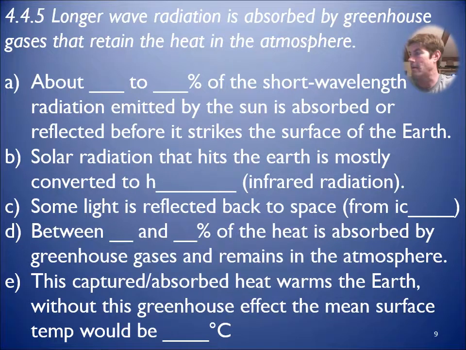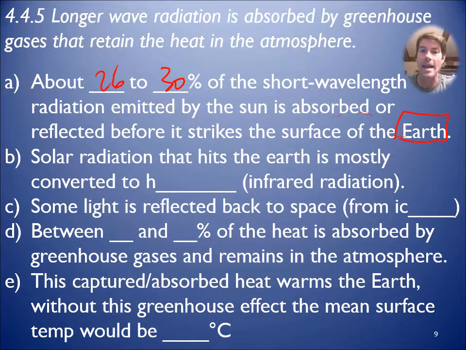So if you go back to that diagram that we just saw, atmosphere 6%, reflected by the clouds 20%, surface reflects 4%, so that adds up to 30%. So around 26 to 30% is absorbed or reflected before it even gets to the surface.